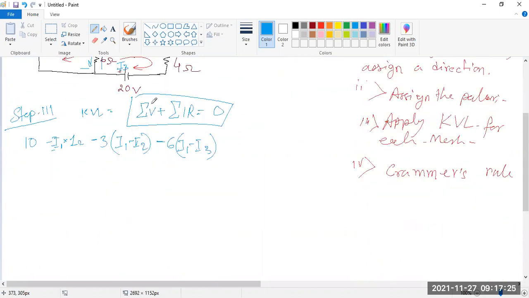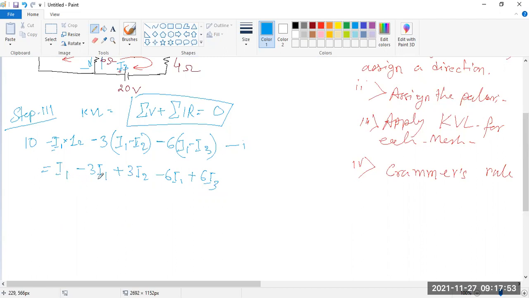So this is your equation 1. No, don't call it equation 1 yet, because we have to solve it again, something is coming. So this is the 10, this is minus 3 I1, this is plus 3 I2, this is minus 6 I1, this is plus 6 I3. So you can see here, you can solve something.